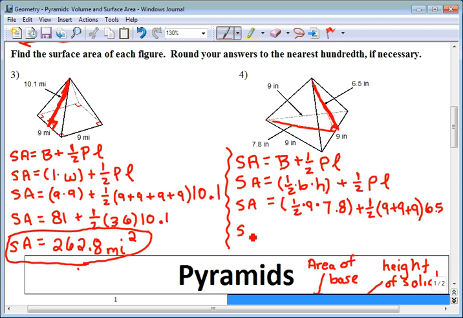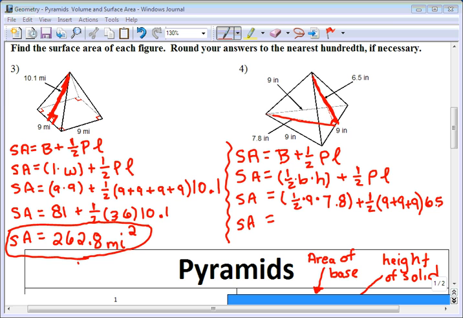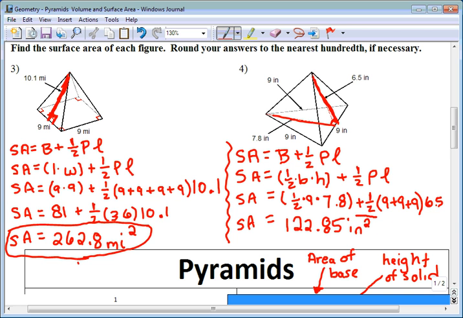So I'm just going to simplify this, punch it in my calculator, and I get 122.85 inches squared for the total surface area of this pyramid.